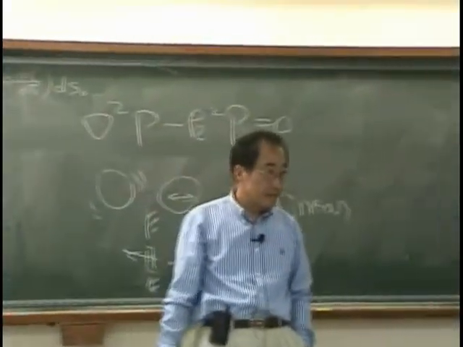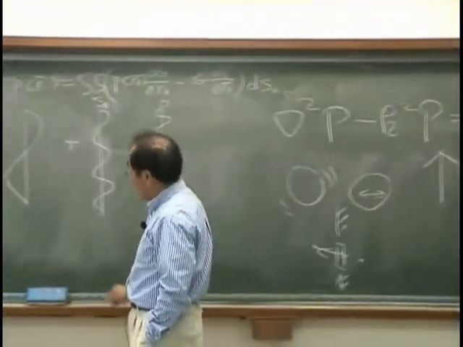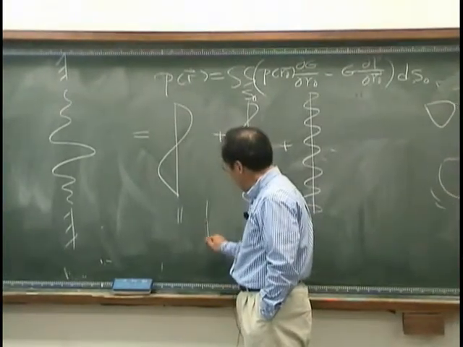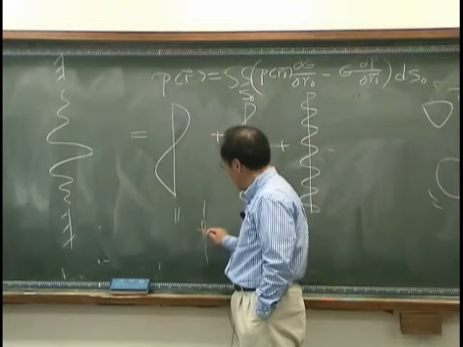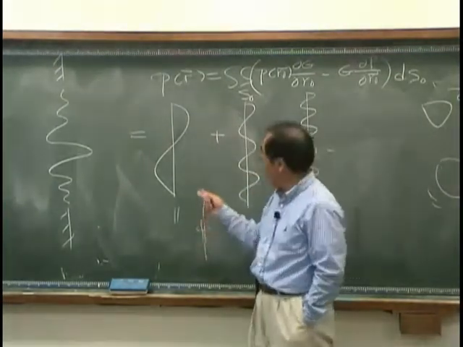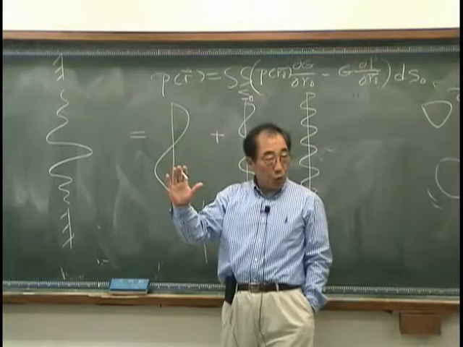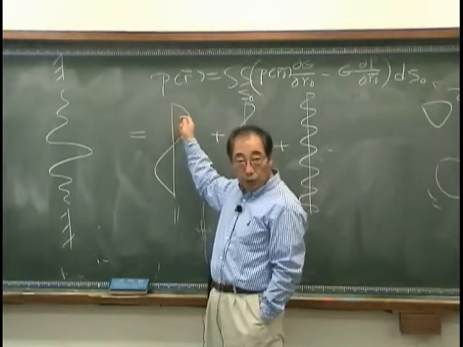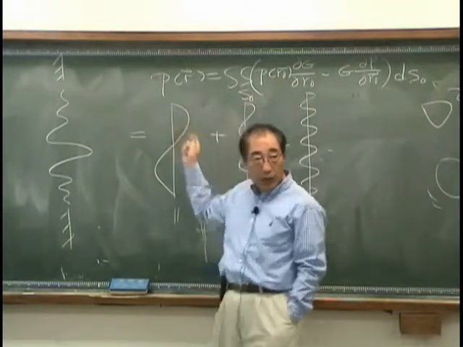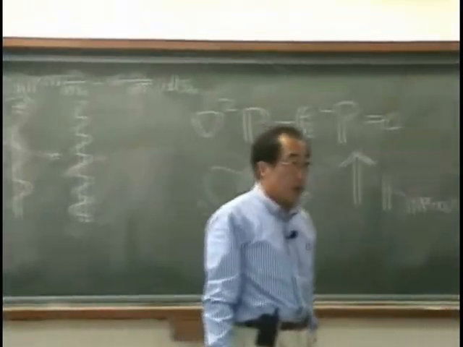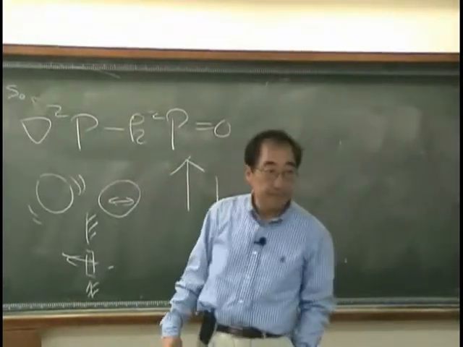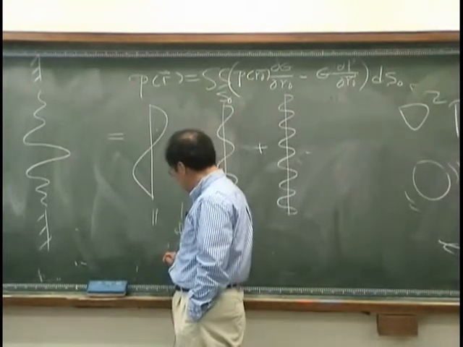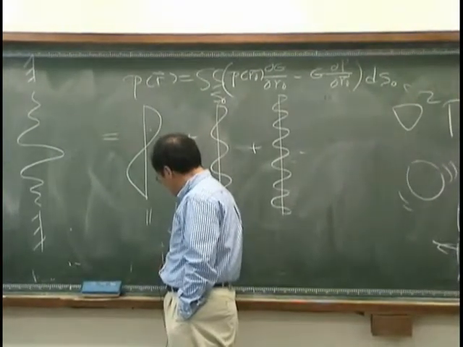And again, I can argue that this vibration is a superposition of one piston vibrating that pushes back and forth the fluid particle, plus this second mode. Okay? And I say this is equal to this one plus another one.